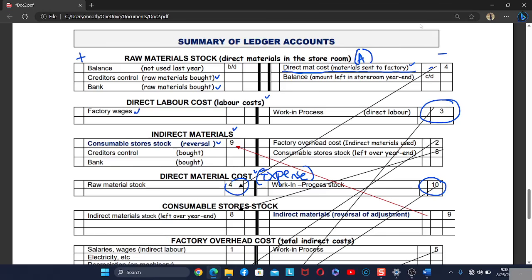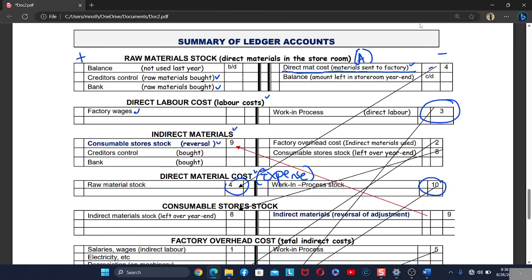So at the end of the year, if it is found that some of these items are still remaining or unused, the business transfers the remaining ones to the consumable stores on hand, which is an asset, right?